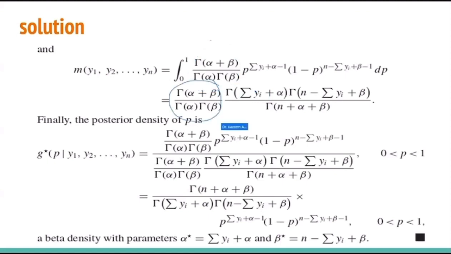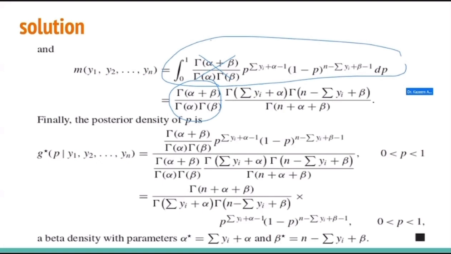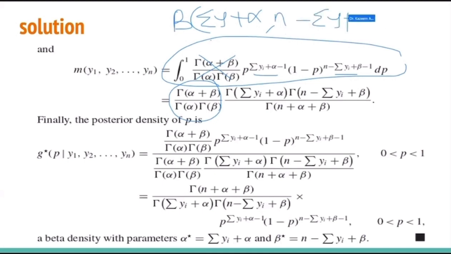Focus on the remaining part: you can use a beta function, and I told you the other time the integral definition of a beta function. You just add 1 to the exponent, so that is B of summation y plus alpha. Then for the other one, add 1 to the exponent, which gives n minus summation y plus beta. Can you see that? That is what we're going to have.